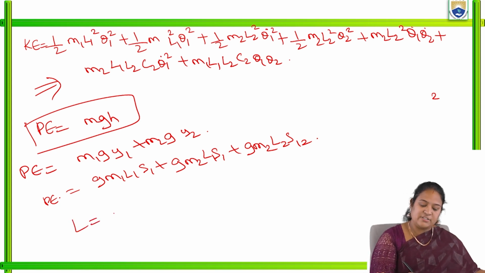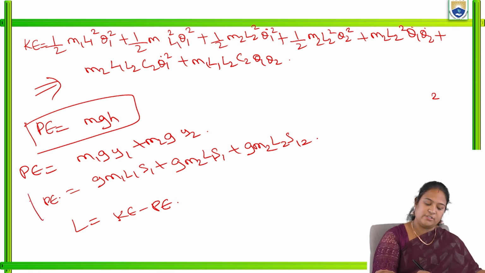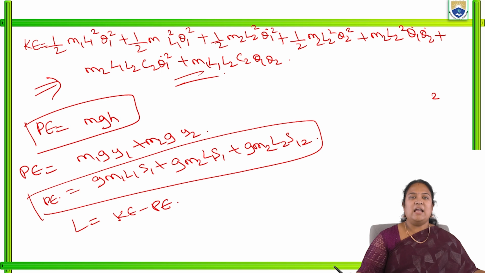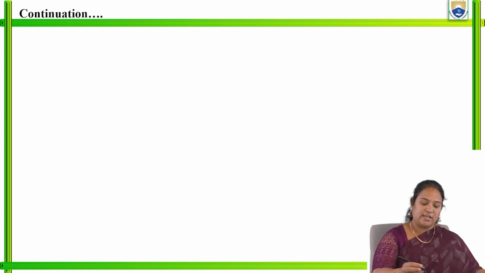Now what is the Lagrangian equation? Kinetic energy minus the potential energy. So this is the potential energy, this is the kinetic energy, and in order to get the Lagrangian equation, L is equal to kinetic energy minus the potential energy.